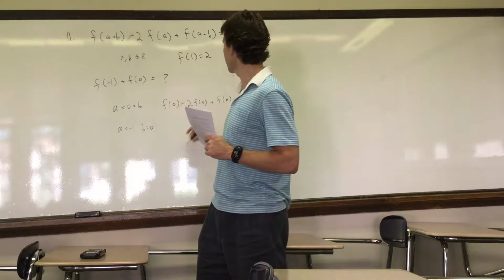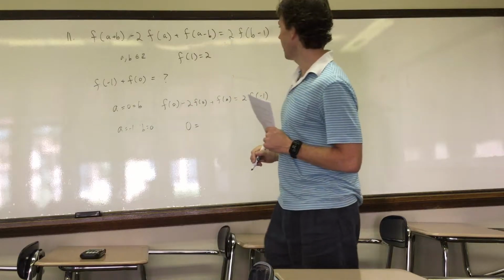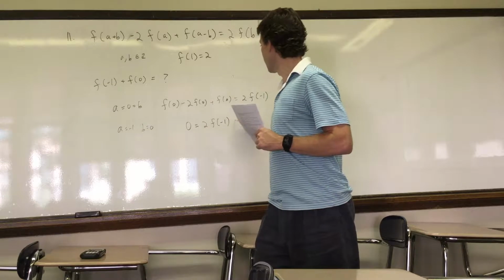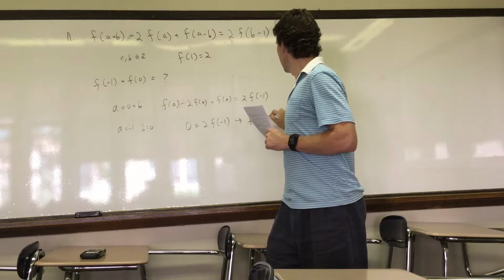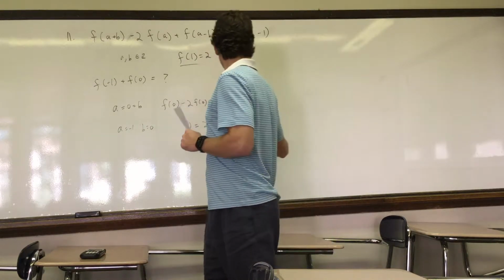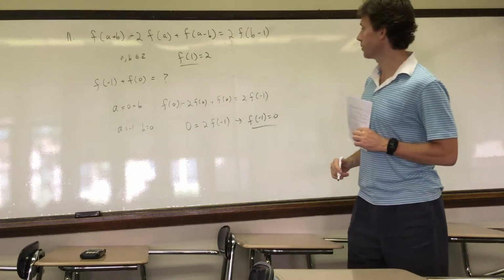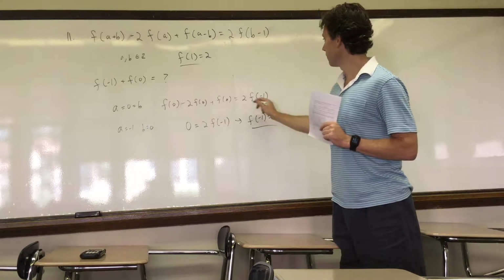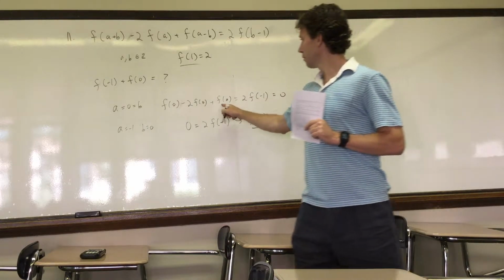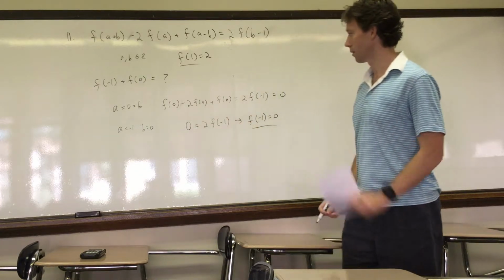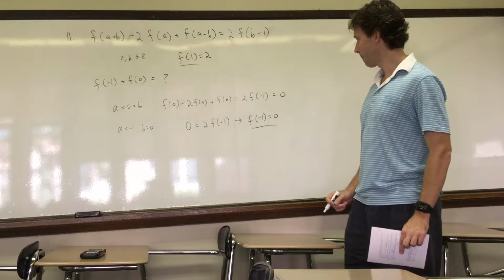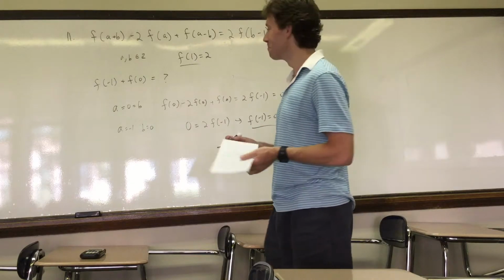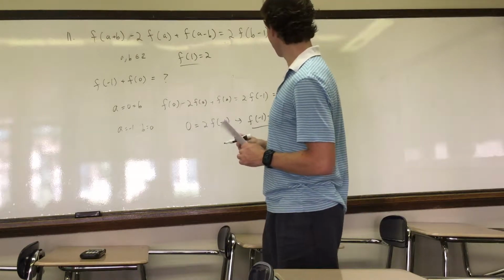So on the left-hand side, I'm going to get 0, and on the right-hand side, I'm going to get 2 times f(-1). So f(-1) is also 0. I already knew that from the previous line. Sorry to baffle that a little bit.